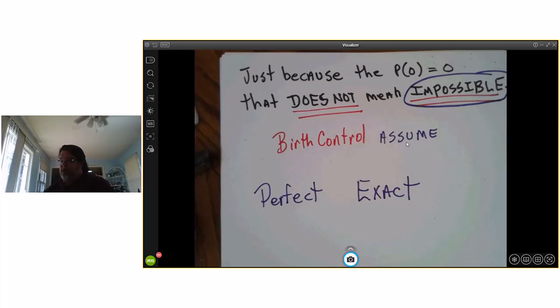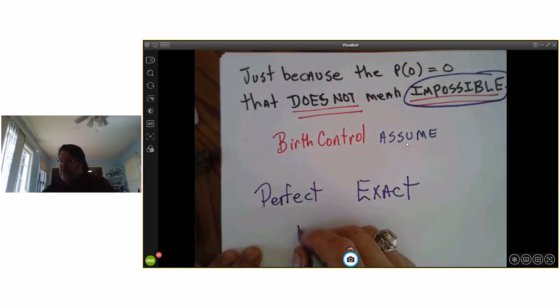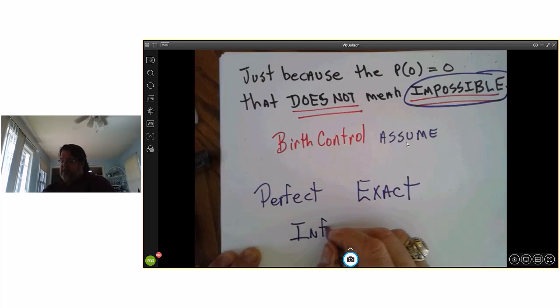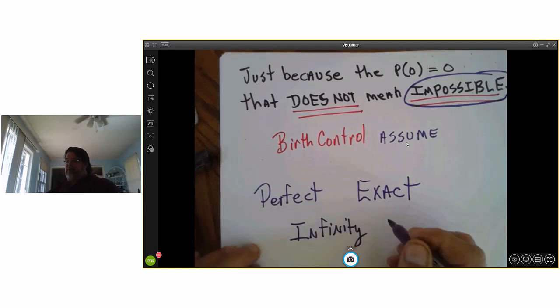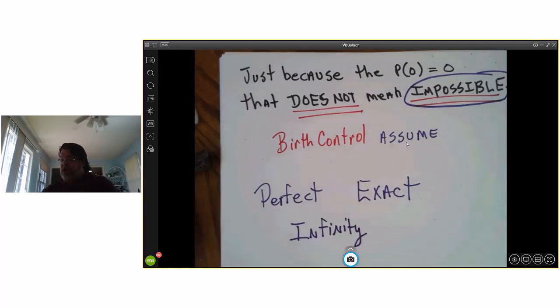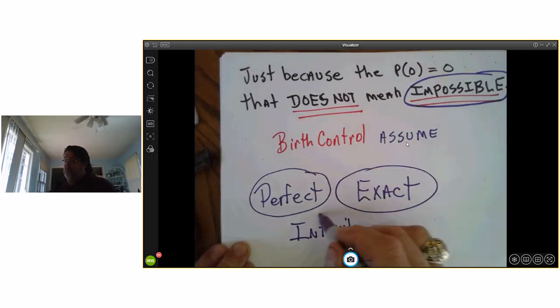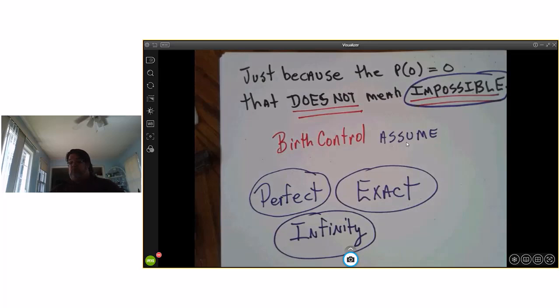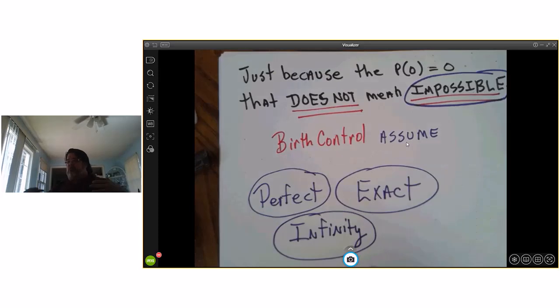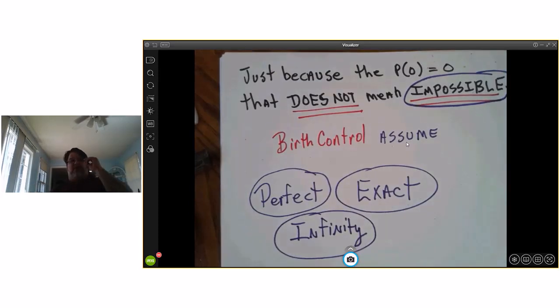Here's another word. I'm trying to use different words with different meanings to try to give you the meaning of what I'm looking for. What do these words all have in common? Impossible, perfect, exact, infinity. What do they all have in common?